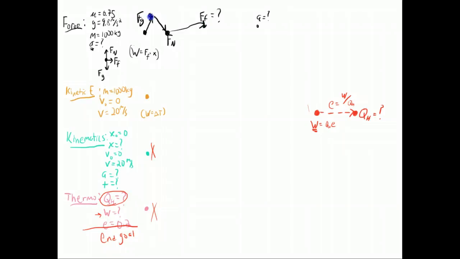So we can set these miniature goals: get the force of gravity, get the normal force, get the force of friction, and then from there we can hop along and get the acceleration. And hopefully that will give us at least enough information to go back down here to the kinematics and solve for the displacement and ultimately finish this up.